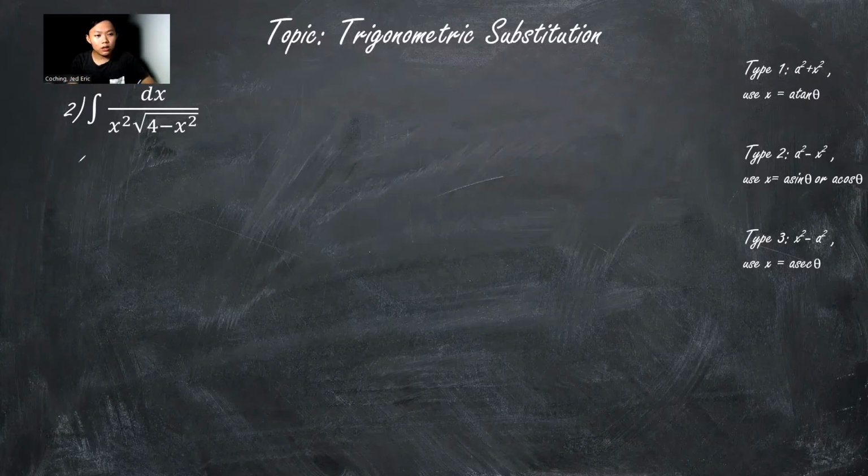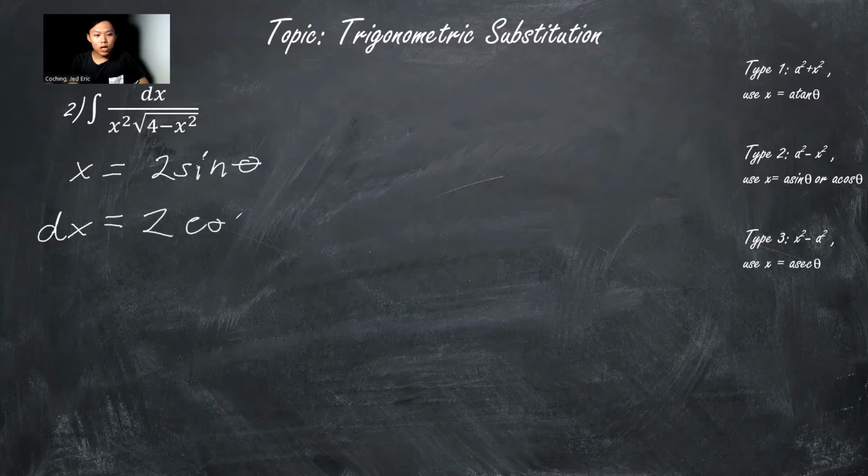So x is going to be equal to 2 sine theta, and dx is just going to become 2 cosine theta d theta. Okay, now we can just substitute.